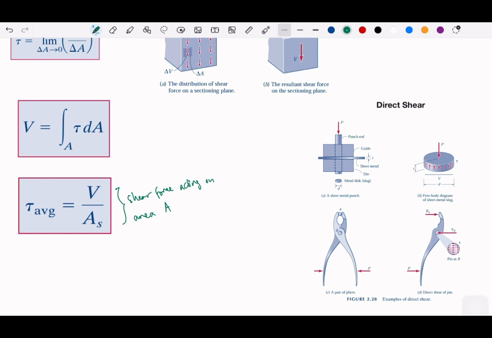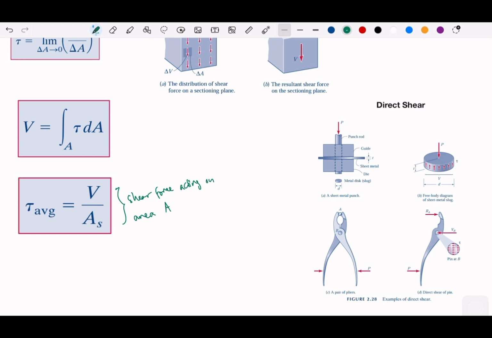Also here in the metal punch for paper, if you apply some force and punch, you see that it is going to slide inside, right? It's going to slide. Now the slide here also has the same shear. Okay, so this is what we call direct shear.